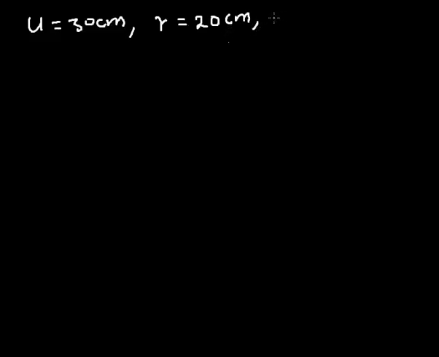Determine the position. That means we are looking for the image distance. After finding the image distance, we find the magnification. Then we'll also talk about the nature of the image. Remember the formula: 1 over f equals 1 over u plus 1 over v.